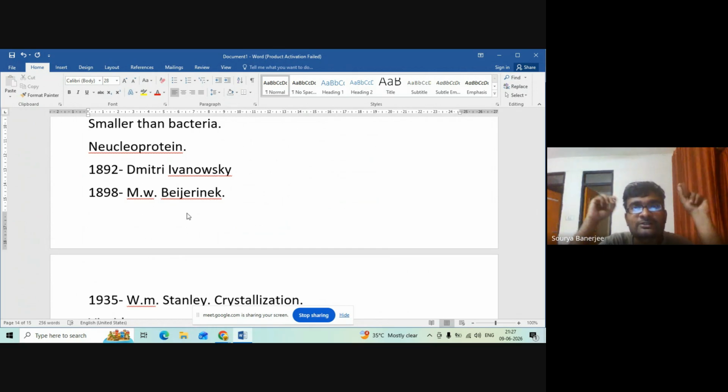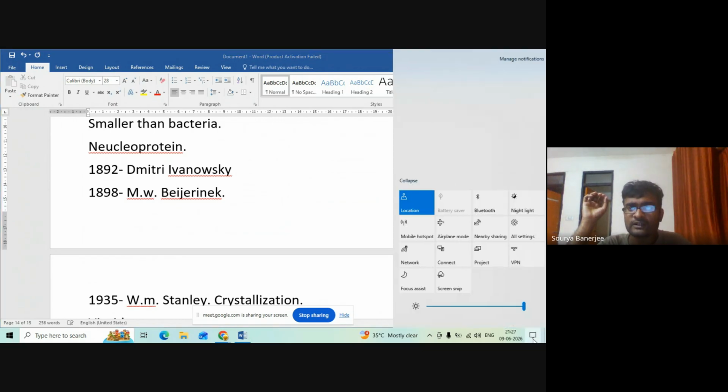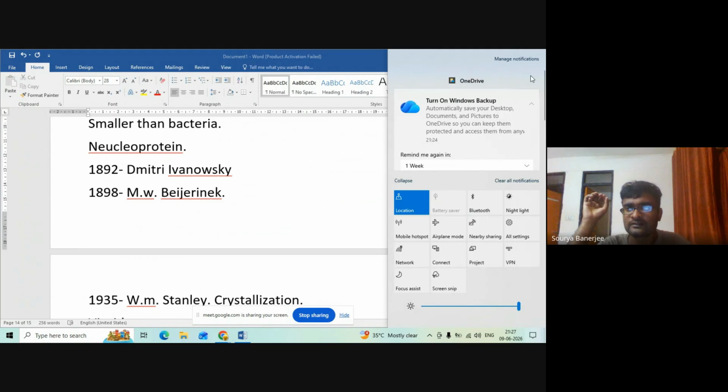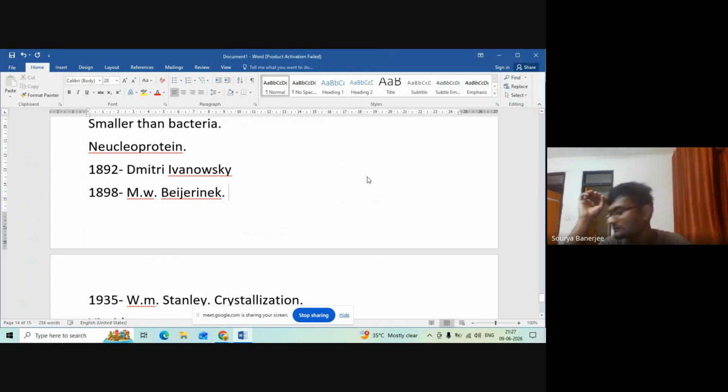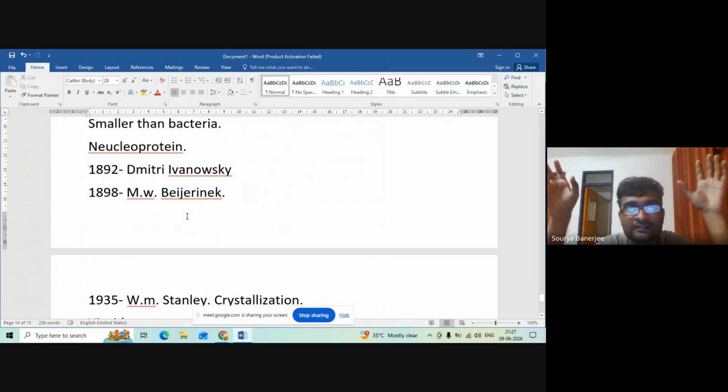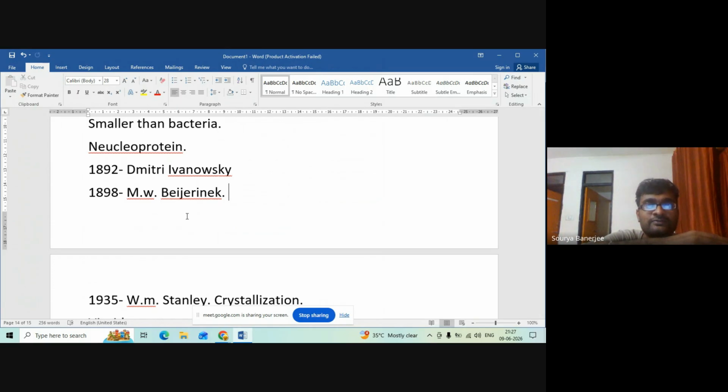The healthy plant got infected. That is how he proved it. What virus did he take? I think he took the tobacco mosaic virus, and in his own term, he said that virus is an infectious fluid, because he took fluid from an infected plant and it made a healthy plant infected again.